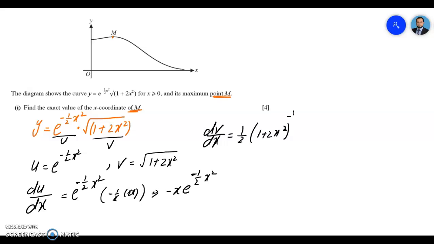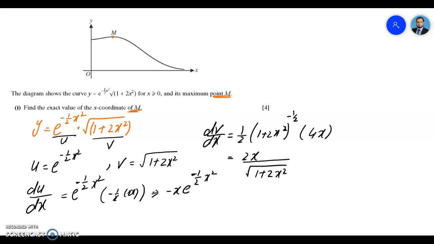Half minus 1 becomes negative half, and then we need the derivative of the inside, which is: the derivative of 1 is 0 and the derivative of 2x squared is 4x. Once we simplify, this becomes 2x over the square root of 1 plus 2x squared.